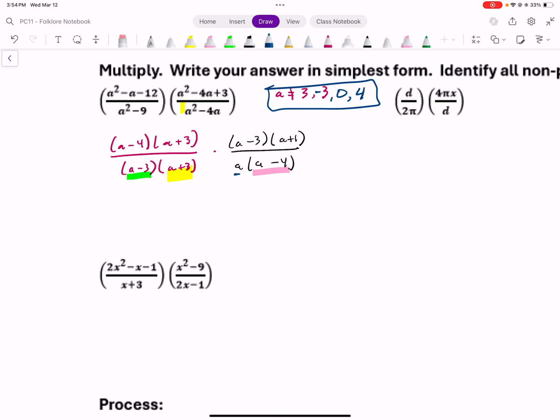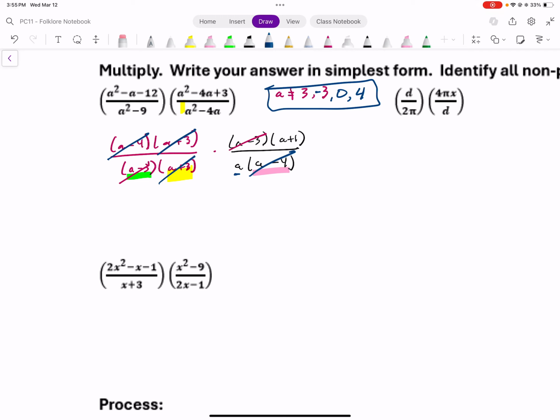Now, I'm going to start by crossing off common factors. We have a common factor of a minus 3. All right, I'm going to search for some more. Does there exist other common factors? Sure, a minus 4. Does there exist more common factors? Sure, a plus 3 are common, so I'm going to cross those out.